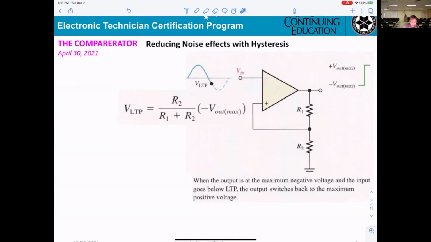They say when the output is at the maximum negative voltage and the input goes below the lower trigger, that means less than the lower trigger, the output switches back to the maximum positive voltage.